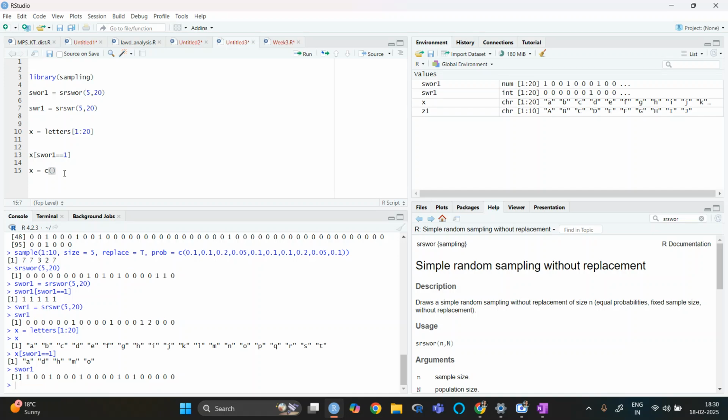But if we have a very high population, then we choose some samples, and based on that we see the result. So if I make a vector of this, let's say 90, it is out of 100.